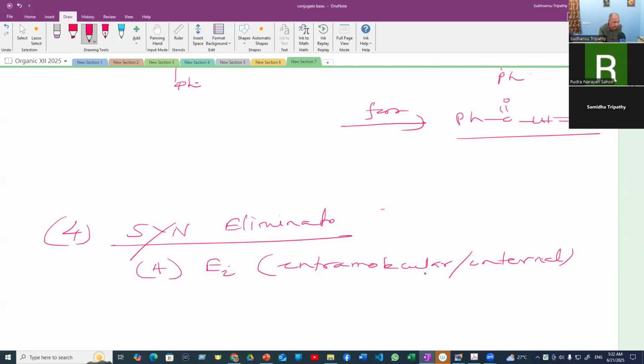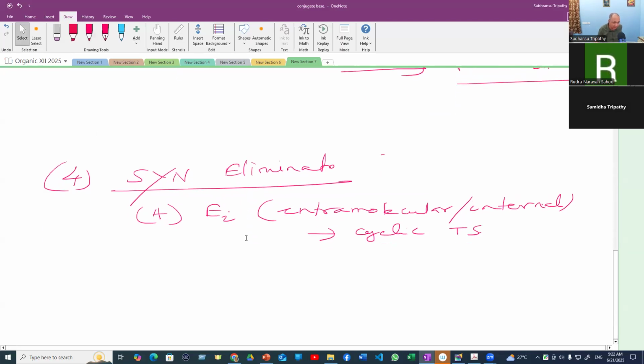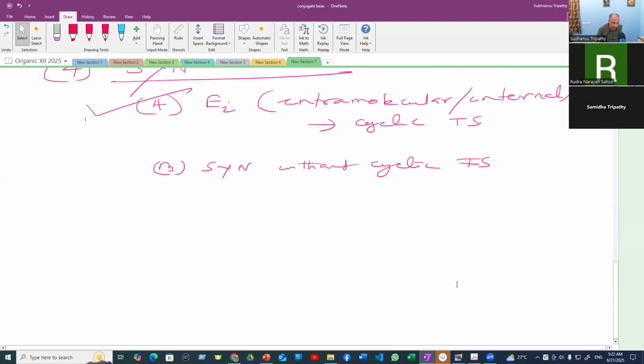There is another syn elimination, but let us talk first about this one. This involves a cyclic TS. Here it doesn't involve a base; this is not called Ei, it is simply syn elimination, syn without a cyclic TS. So first, the most important Ei you will take, Ei: internal, intramolecular.